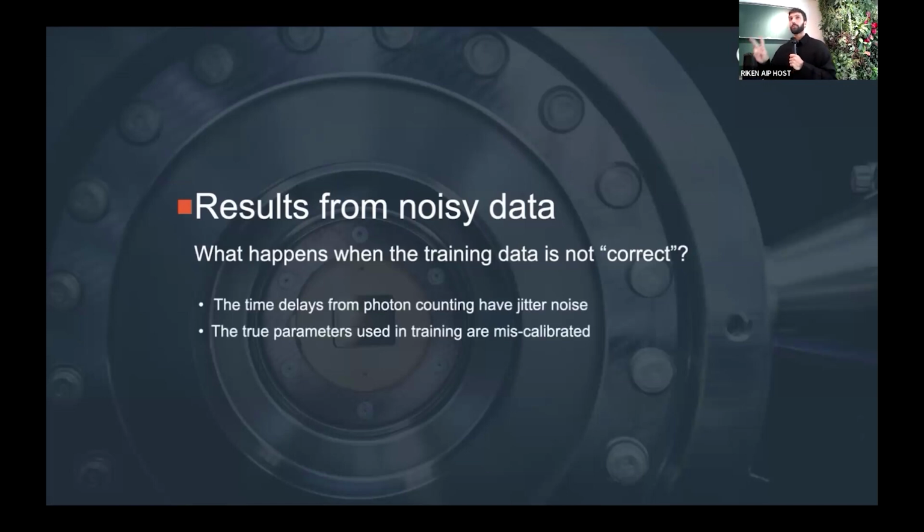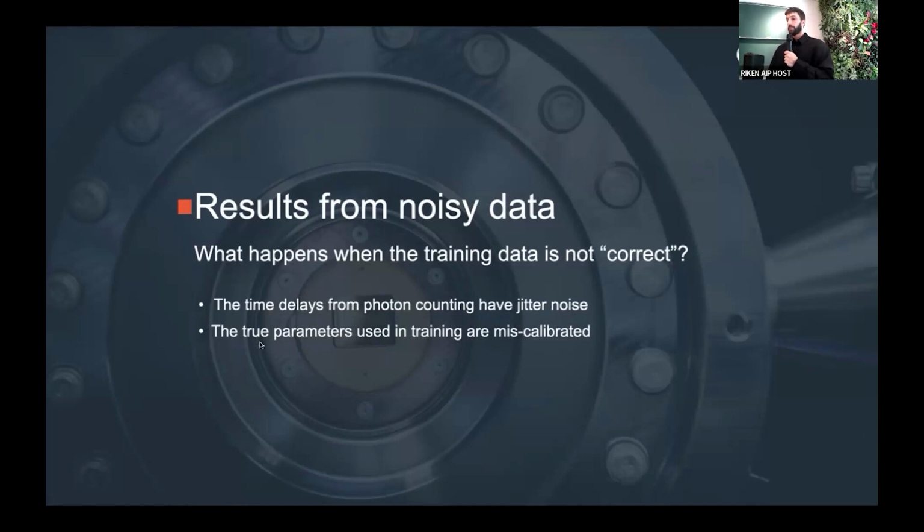Now, we consider two types of noise that can affect our results, and this type of noise is typical in any realistic setting. One noise is that our measurement device is not very accurate at estimating the time intervals. And in fact, the time intervals have some jitter. They oscillate. They're not precisely measured, but they can be a little shorter or a little longer. We call this the jitter noise. The other type of noise is related to the question of having access to real ground truth data.